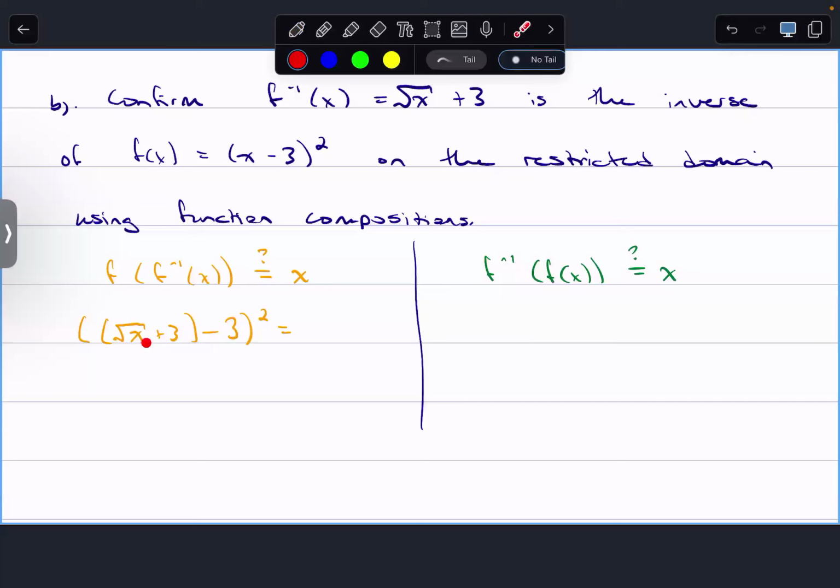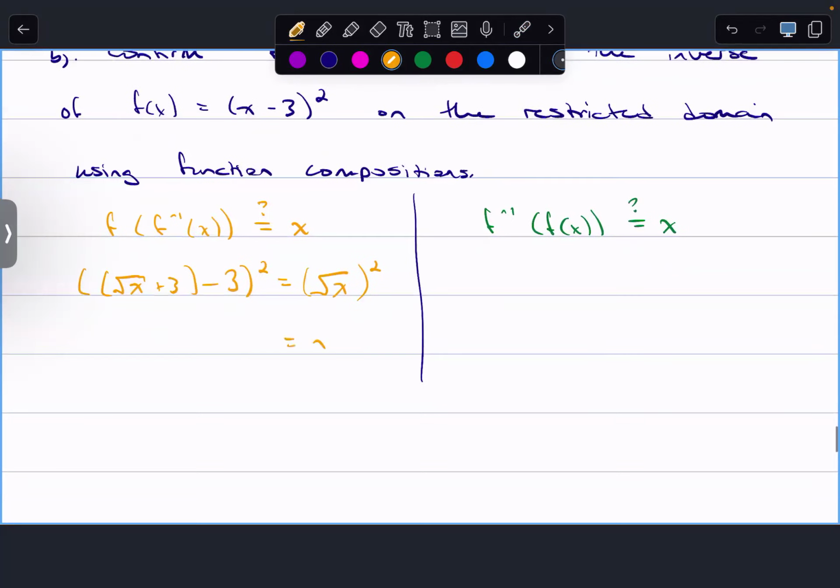That's going to be the root of x plus 3 minus 3, and then leave the square on the outside for a little bit. And so now I have the root x squared. But the root x squared is just x, right? Because plus 3 and minus 3 are going to cancel. I didn't write that, but should have.